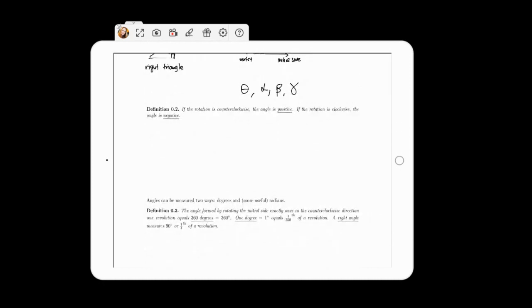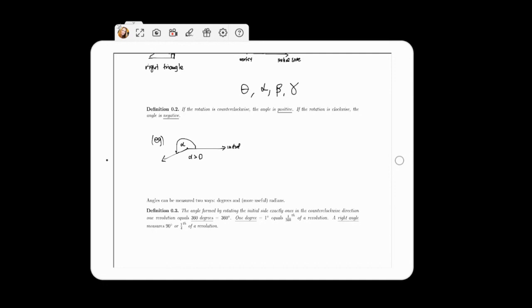So for our next definition, if the rotation is counterclockwise, the angle is positive. And if the rotation is clockwise, the angle is negative. For example, let's say that this is the initial side. So this angle here, alpha, is a positive angle because that rotation is counterclockwise.